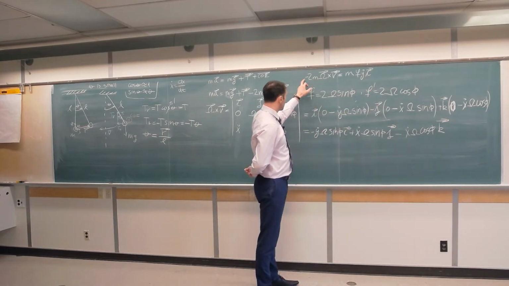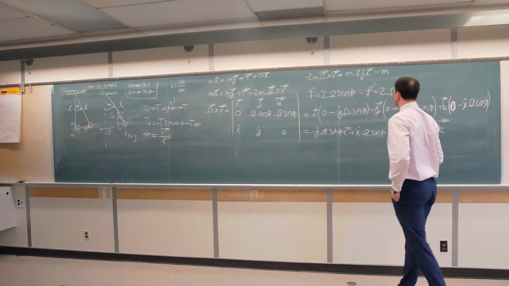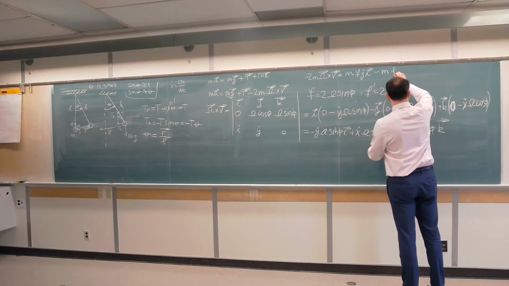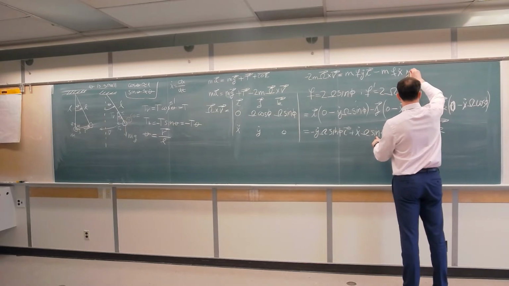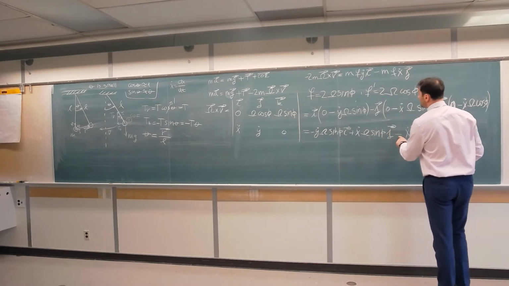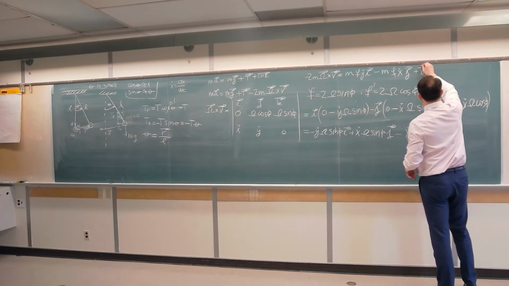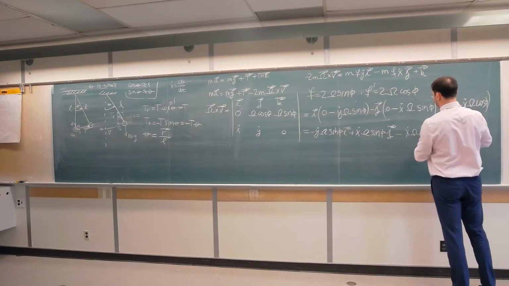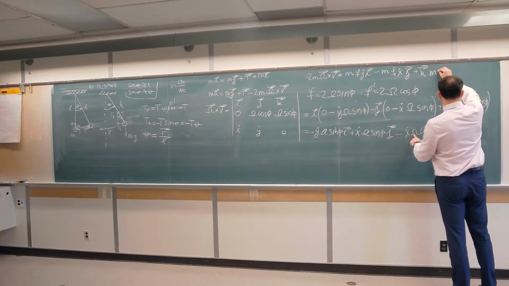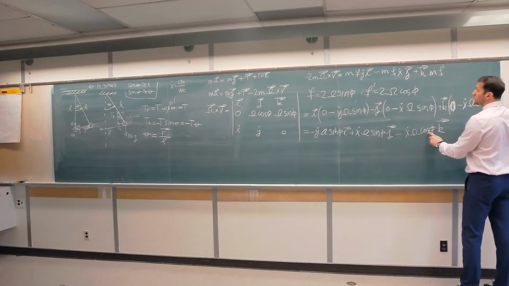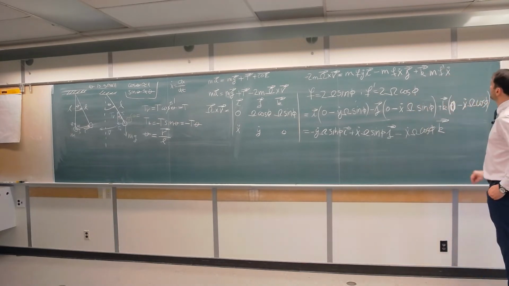Here I will have minus m f x dot in the j direction, and this minus and that minus will give me plus in the k direction, m f prime, because of cosine, x dot. Okay?